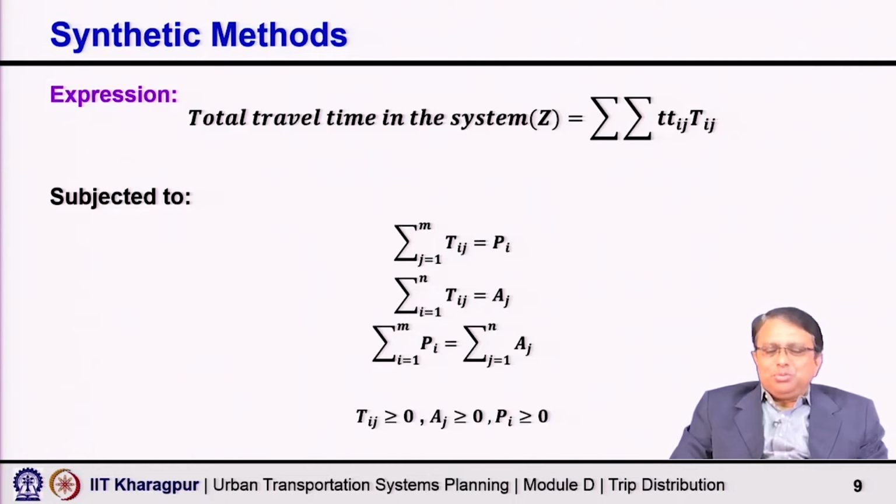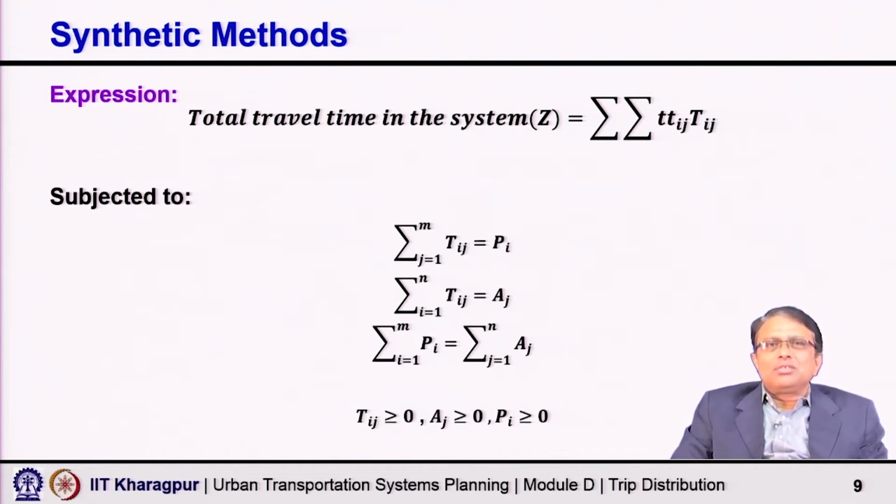You have all the production zones and attraction zones; their numbers may be different, but generally it would be an equal number of zones, though maybe some cells will have 0 production or 0 attraction. This is subject to satisfying the constraints.